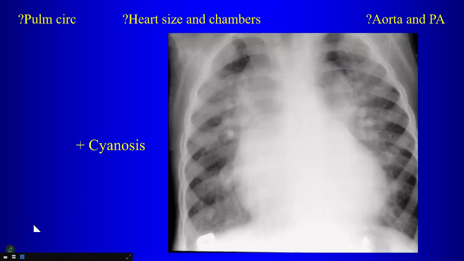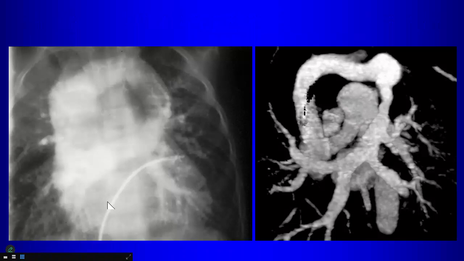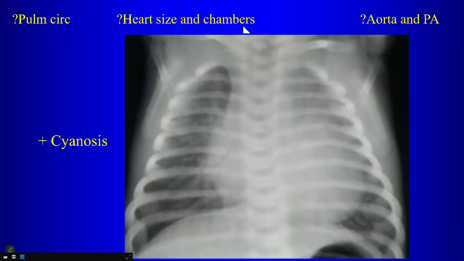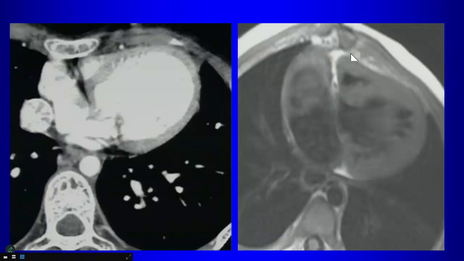You should tell me what it is from the plain film here, because the sign is snowman, so it's anomalous pulmonary venous return type 1. Right. So vertical vein, left brachiocephalic vein, superior vena cava. Type 1. Increased blood flow, cyanosis.